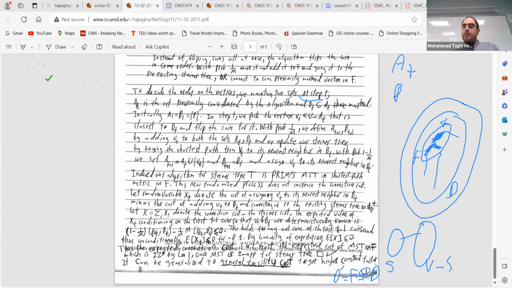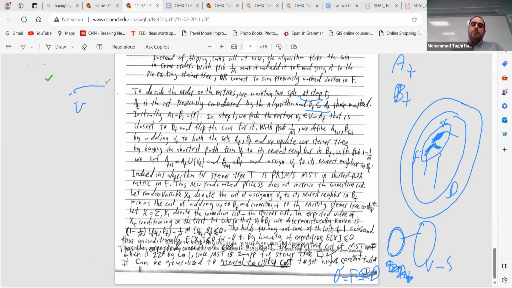I have the property that at any time B_T is a subset of A_T. A_T is the set of vertices that I have considered in order so far, according to Prim's algorithm. I start with this vertex V that I guess is in the solution, the first vertex V, and then I consider the closest vertex to the current set.